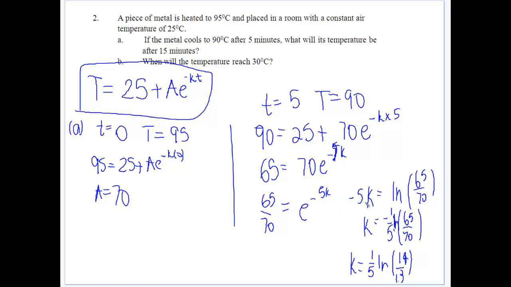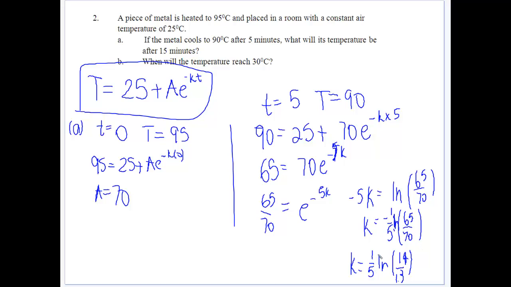It becomes a logarithm, because minus 5k equals the natural log of 65 on 70, and then divide by the minus 5. Now notice we've got divide by minus 5, or multiply by minus 1/5. So minus 1/5 the natural log of 65 on 70, which then I've written as 1/5.